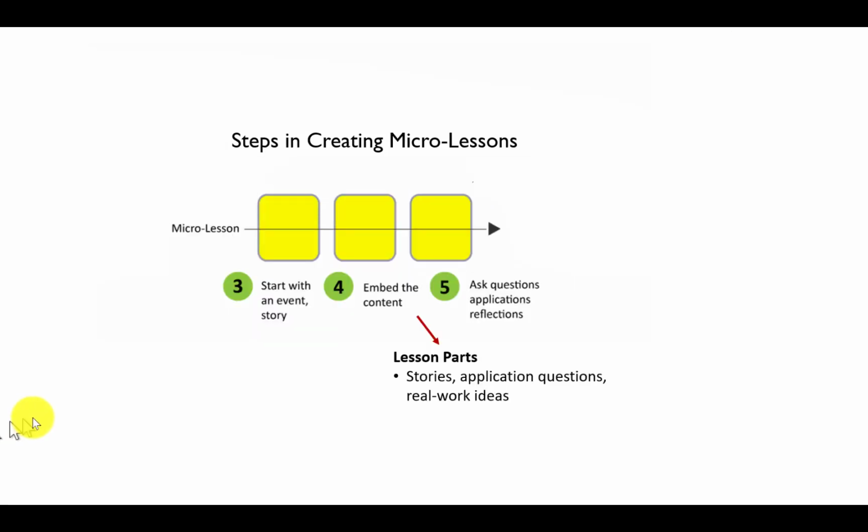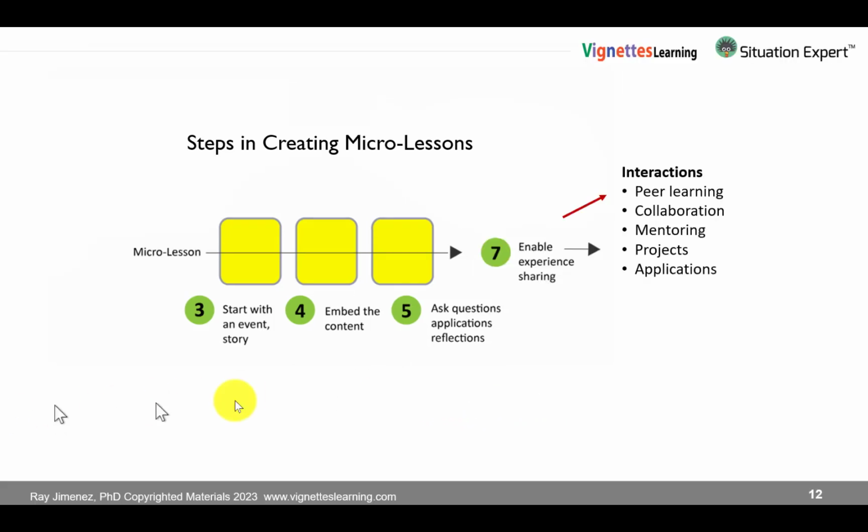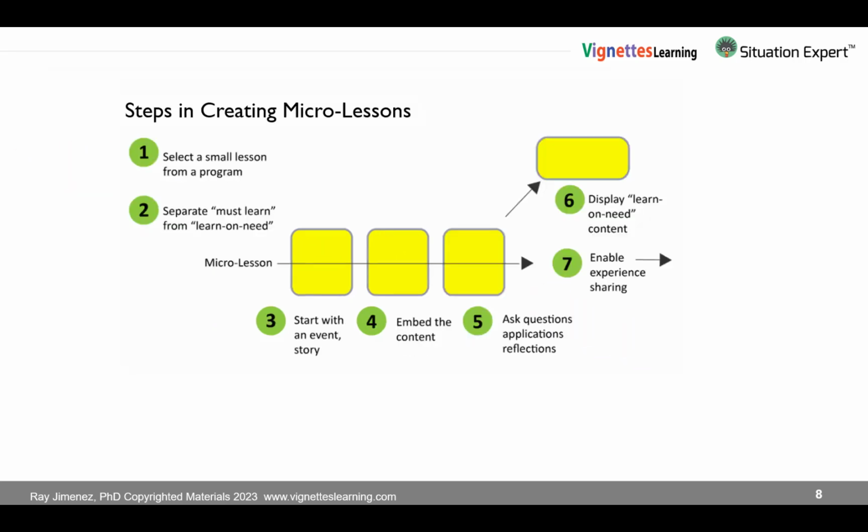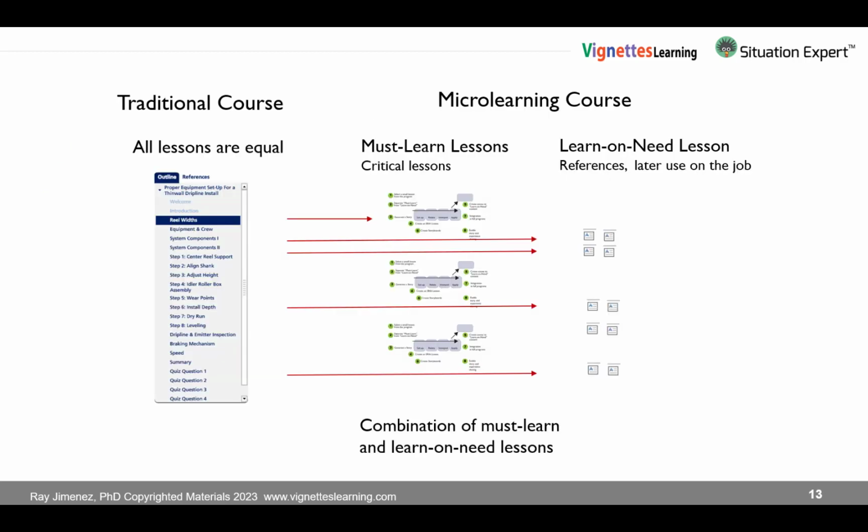And when you do a presentation within the microlearning, you're using stories, application questions, and real-work ideas. After that, you allow more time for peer learning, collaboration, mentoring projects, and applications. So the focus is application, peer mentoring, learning from each other, and collaboration, on top of the other aspects of the development of micro lessons.